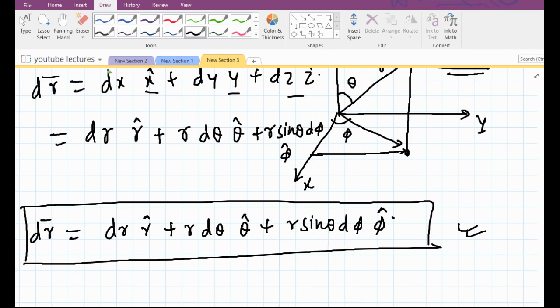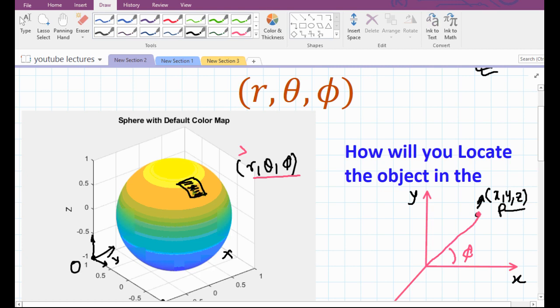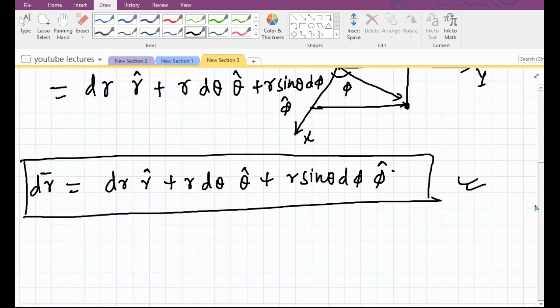Now there are many times we have to use the area element. For example, if you want to find some area on a sphere, suppose you have a surface and you want to find the area. Area is direction dependent, so you can use dr times r d theta.